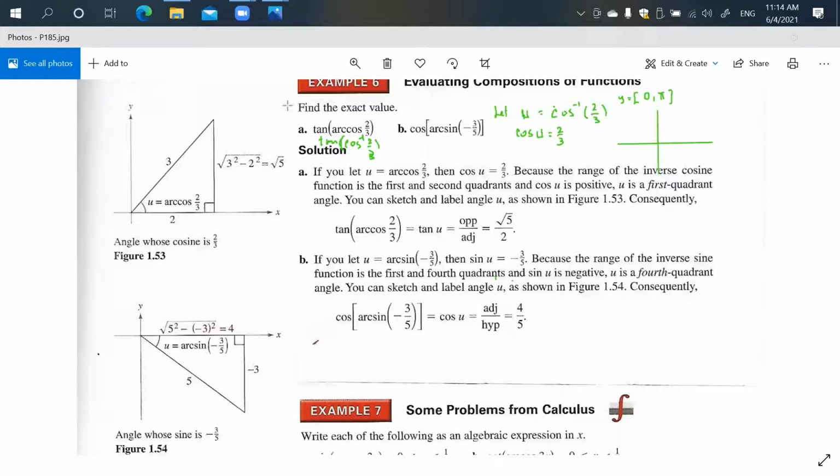Okay, maybe I draw here with more space. Make it bigger. So quadrant 1, you draw one right triangle.